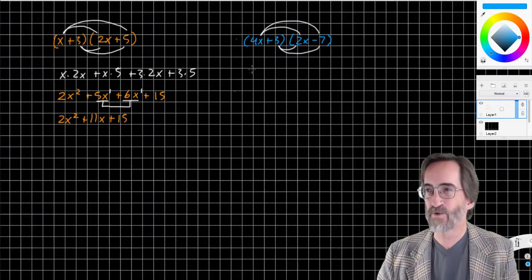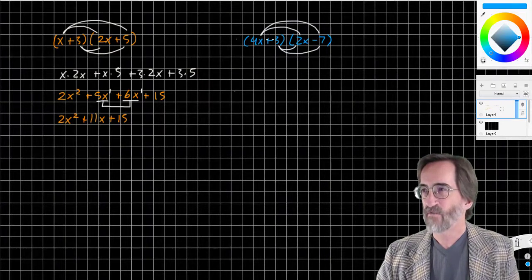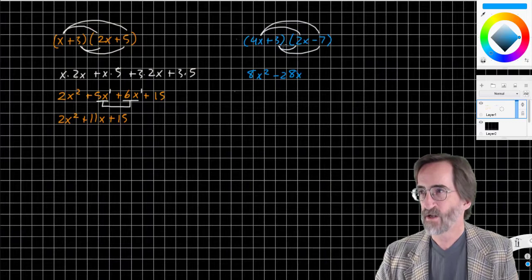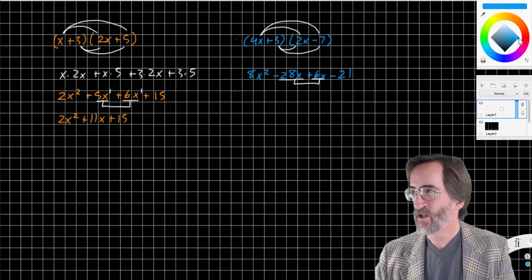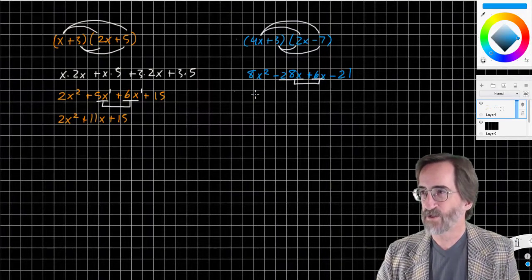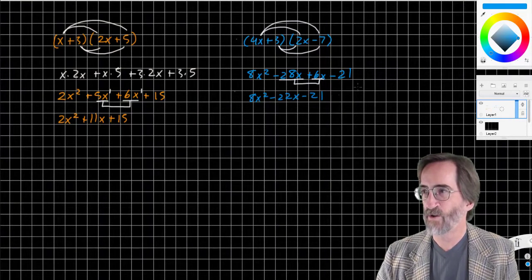And I'm going to do this without writing the intermediate step. 4x times 2x is 8x squared. 4x times 7 is negative 28x. 3 times 2x is 6x. 3 times negative 7 is negative 21. Now combine the two middle terms, negative 28x and 6x. Negative 28 and 6 is negative 22, so this is 8x squared minus 22x minus 21.